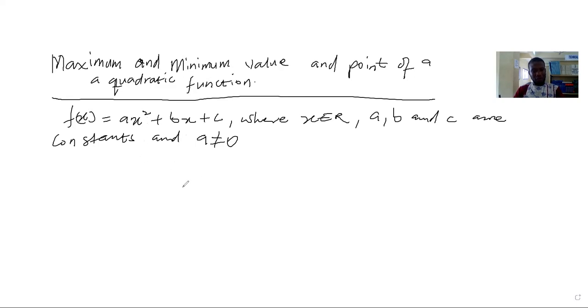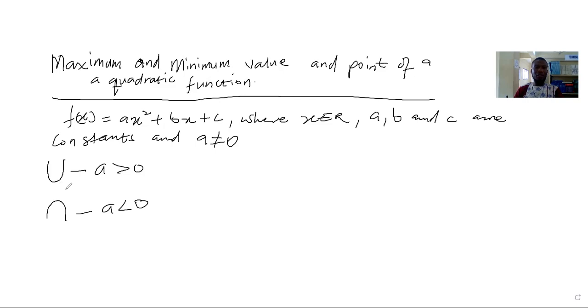The graph of a quadratic function opens either upwards or downwards, depending on the coefficient of x squared. That is our a. If a is greater than 0, the graph opens upwards, and if a is less than 0 or is negative, the graph opens downwards.